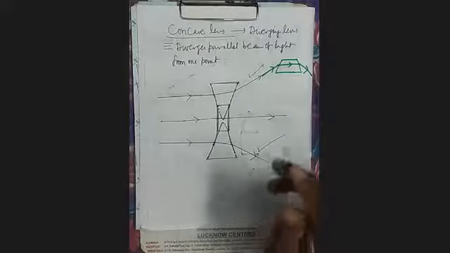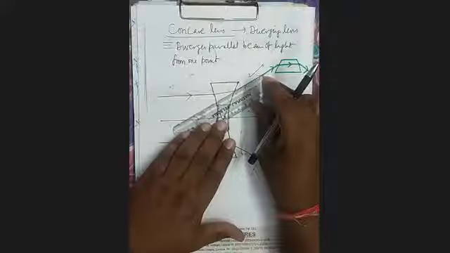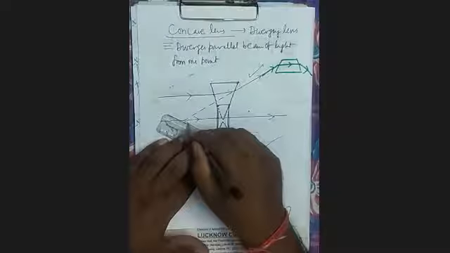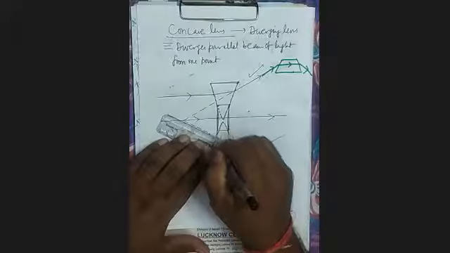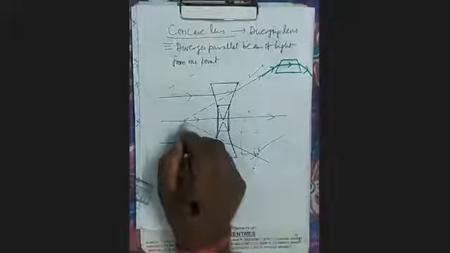They have spread more. When they are produced back, they appear to come from this point. When it is produced back, it appears to come from this point. This is clear. So here, this is the diverging action of a concave lens.